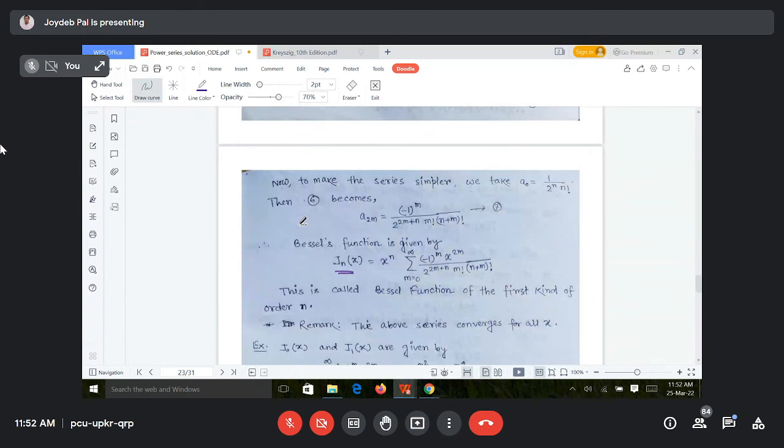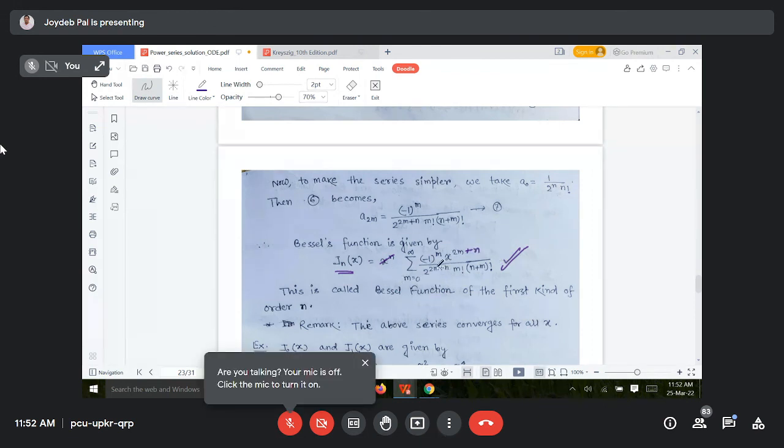It is x to the power n, summation m from 0 to infinity, (-1)^m x^(2m) divided by 2^(2m) (n+m)! m!. That is the formula. You have to remember it. Sometimes that x to the power n is multiplied inside, so it will be x to the power 2m plus n.